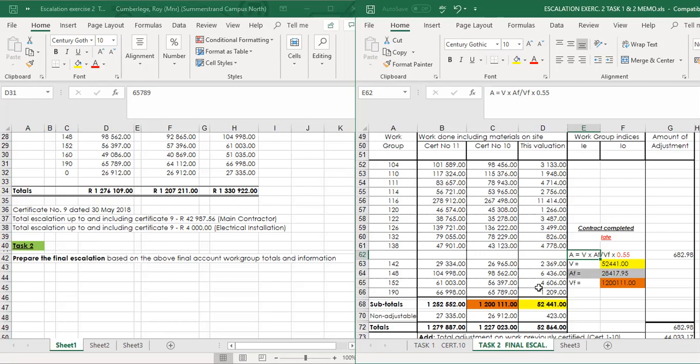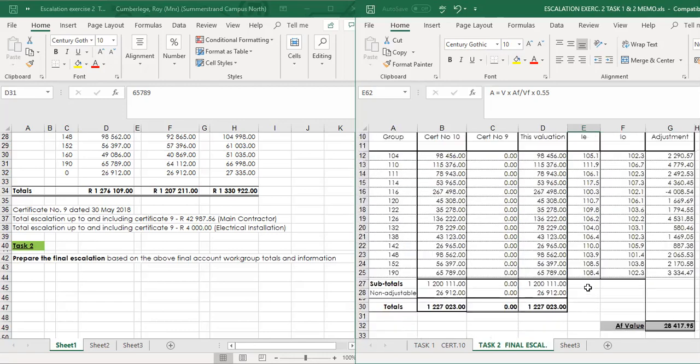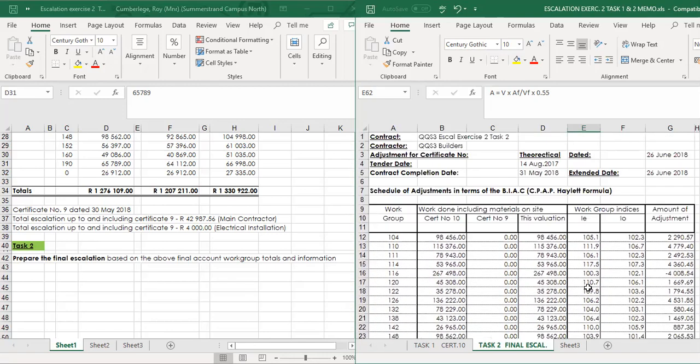So let's first look at the calculation of the AF value. And that's a straightforward calculation. As I said in the previous discussion, you will take your practical completion certificate and you're going to reproduce it. The only difference is that the previous total is 0.